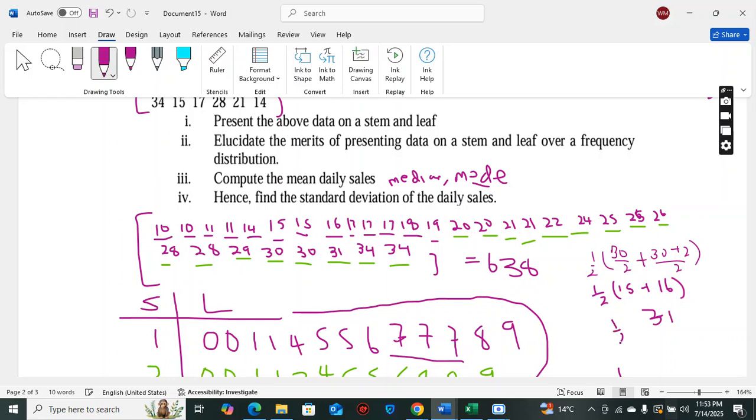Half of 31 is 15.5. So the median is in the 15.5 position.